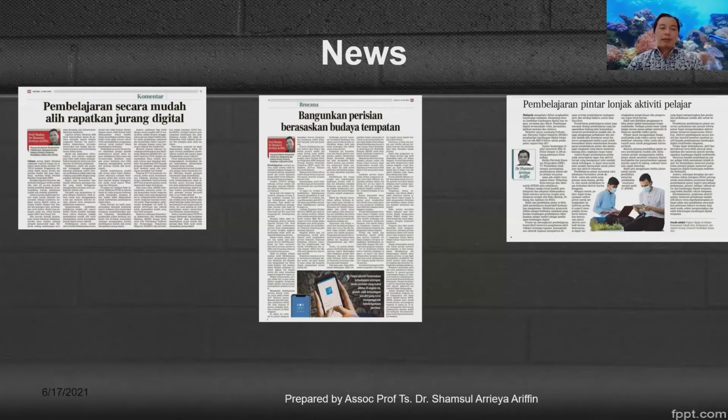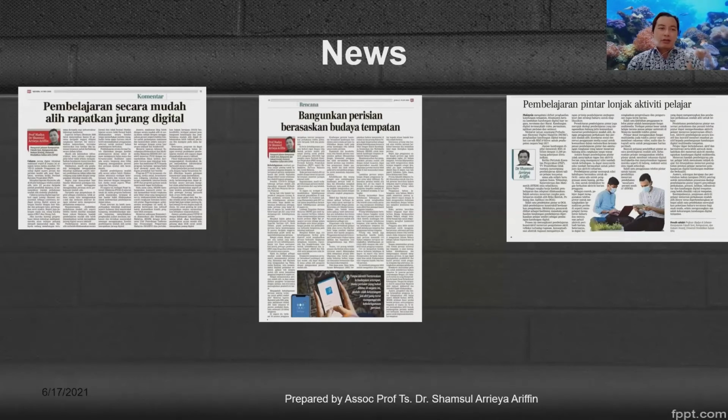Why I choose Berita Harian to send my article: I've seen that in Berita Harian, the news is more towards political news. Second, they don't have much information regarding current technology.